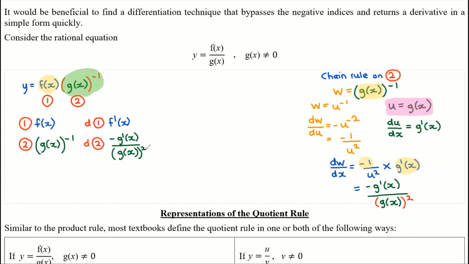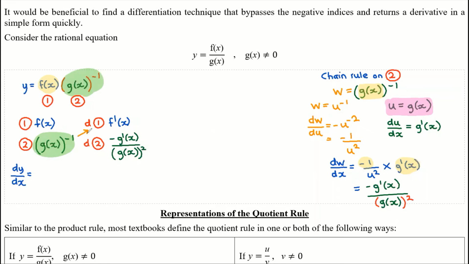Okay, now we can apply the product rule to all this. So dy by dx is going to equal, starting with 2, of course, and going diagonally. I'm going to do that again. So highlight that, start there, and multiply diagonally.